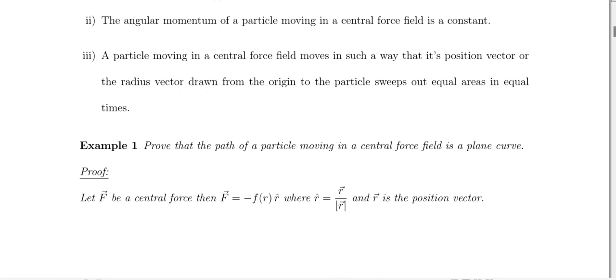Now, suppose that we consider a force field F, and suppose that this force field is conservative, which means it's a central force, so the force is directed towards the origin, and the magnitude depends only on the distance r from the origin, so that we can write F equals minus F(r) times r hat, where r hat is the direction vector.